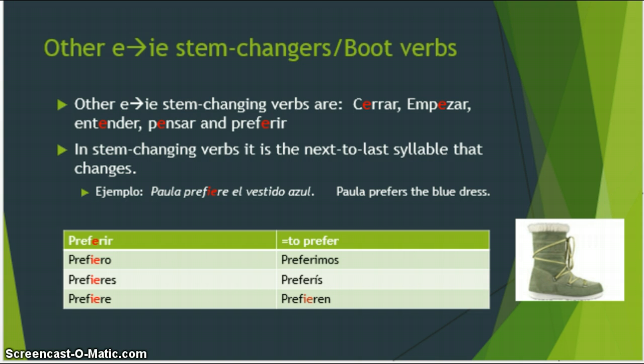Notice this is an IR verb, so in the nosotros form, instead of emos, I will change it to imos. In the vosotros form, instead of éis, it will simply be ís. So these are what we studied when we did ER-IR verbs. We'll review those a bit in class. And finalmente, back to the toe of the boot, prefieren. I have a stem change because it's back in the boot shape.